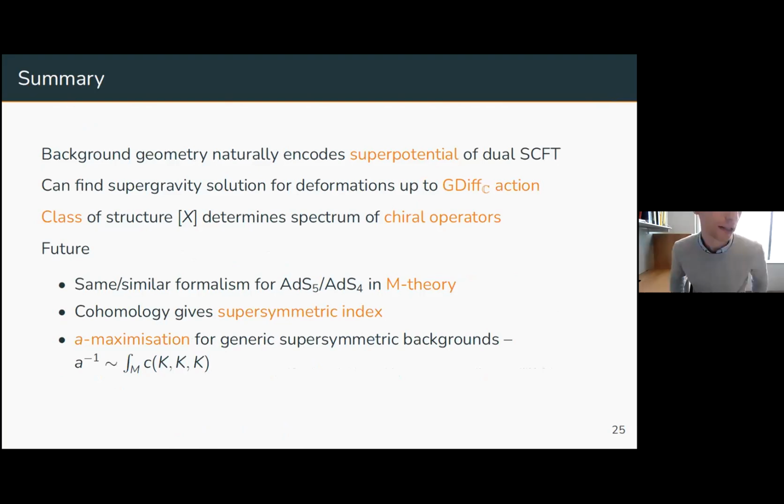So let me summarize. I told you how the background geometry in supergravity, particularly through the language of generalized geometry, naturally encodes the superpotential of the dual superconformal field theory. And I told you how to solve for the holomorphic data in the supergravity, even for backgrounds with all fluxes turned on.